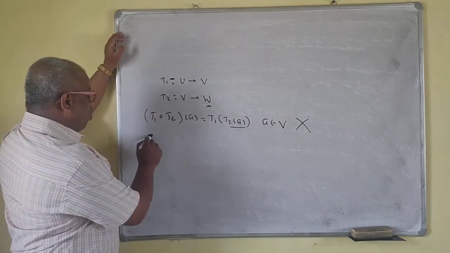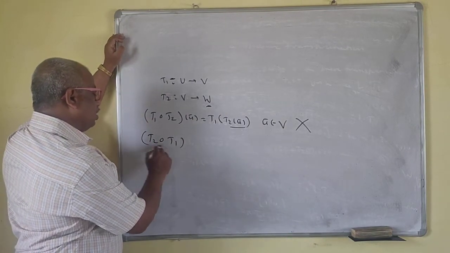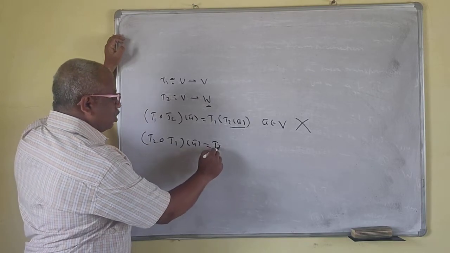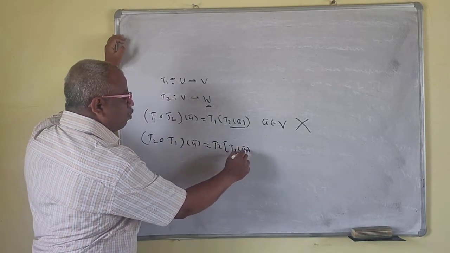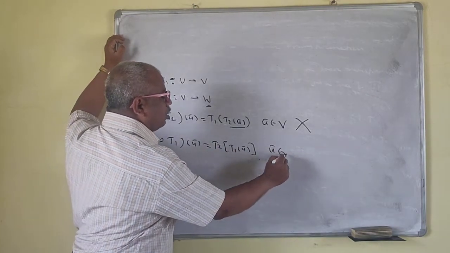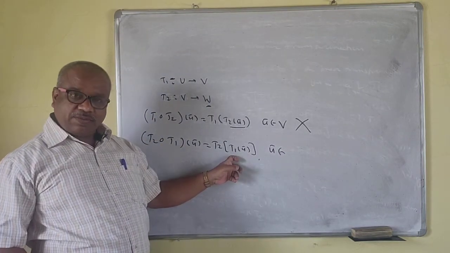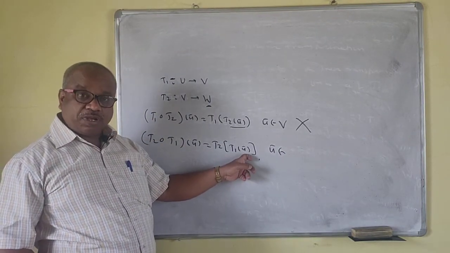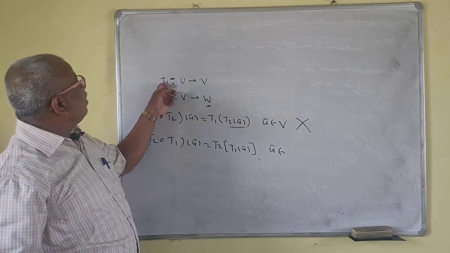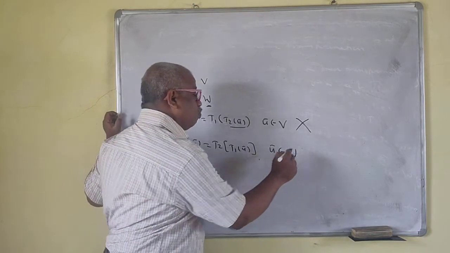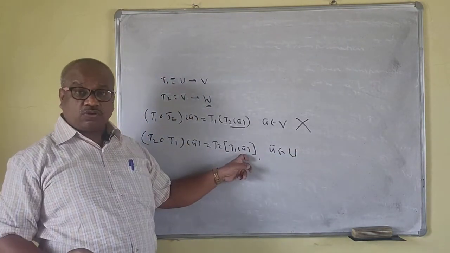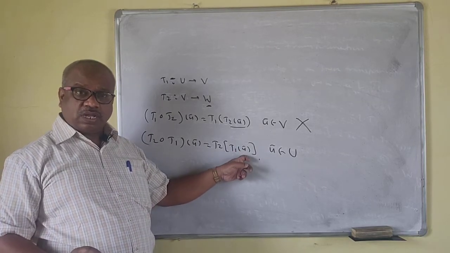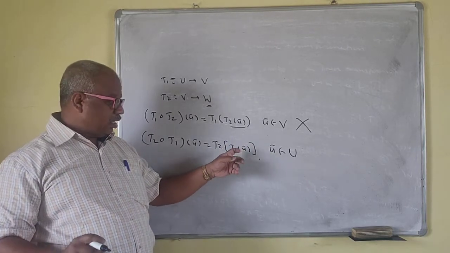So what about T2 compose T1 now? This is T2 of T1 of U bar. Now where is U bar? You are applying T1, so U bar must be in the domain of T1. What is the domain of T1? It is U. So U bar belongs to U first, otherwise you cannot apply T1 on U bar.